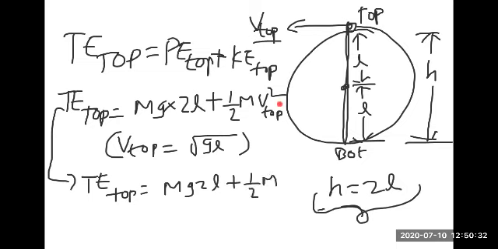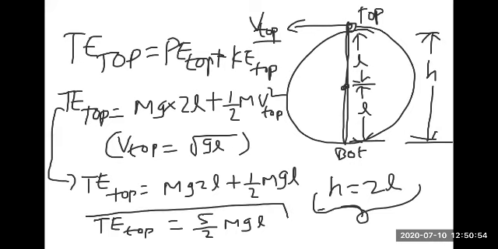Since v top is root GL, v top square is GL. So 2mgL plus half mgL gives total energy at top equal to 5 by 2 mgL. This is the formula for total energy at the top.